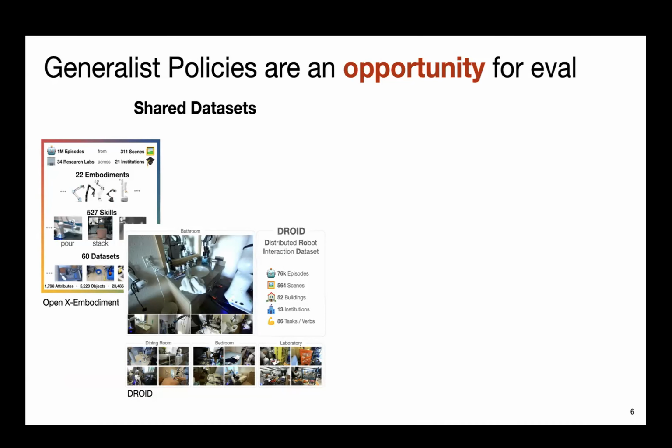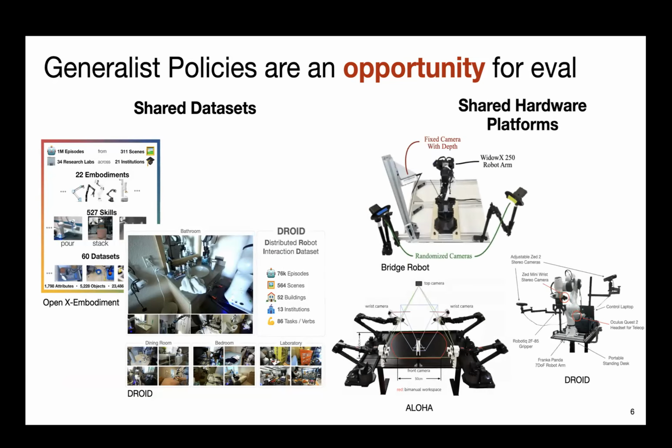So we have shared data sets in the community that people have agreed on. And with those data sets, we also have shared hardware platforms, right? There are now multiple labs that have each of these hardware platforms assembled. And so it's much easier in some sense to actually compare on a fair basis different approaches to learning. Okay, so eval is a big challenge, but there's also a big opportunity in the generalist policy direction.